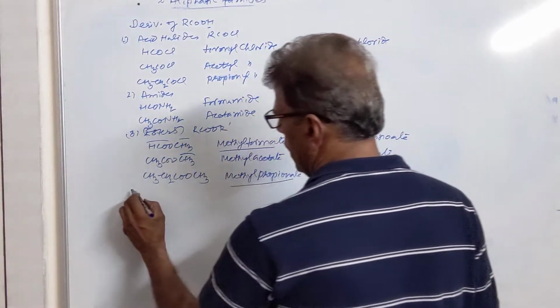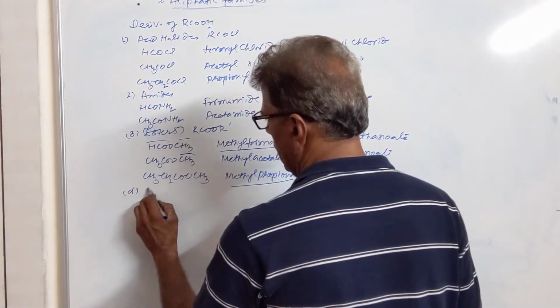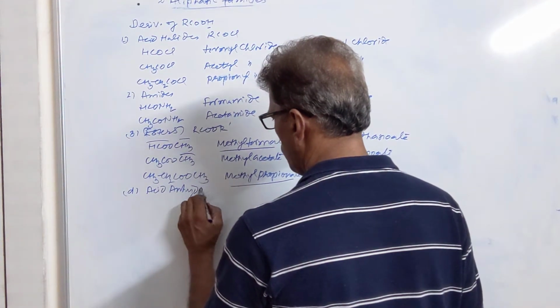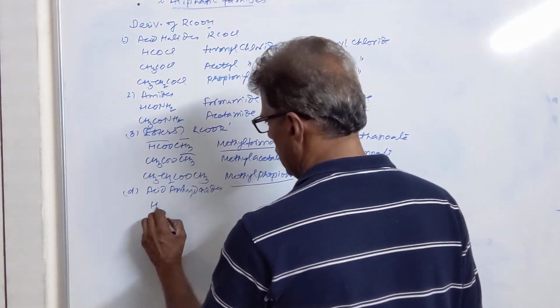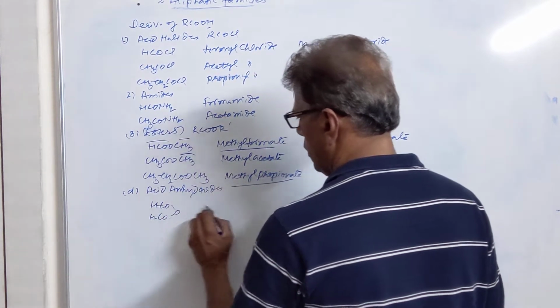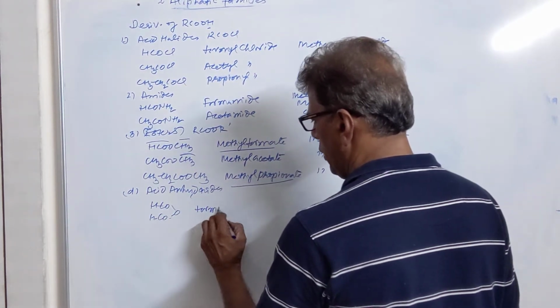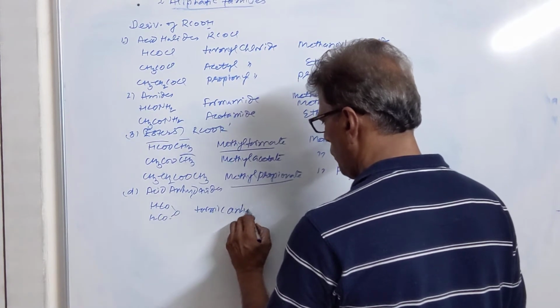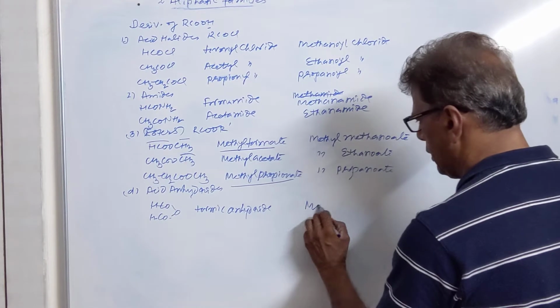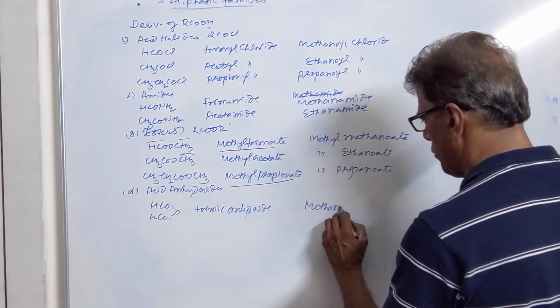Then we have fourth class of derivative, that is acid anhydrides. First is formic acid anhydride. This is formic anhydride. IUPAC name from methanoic acid, it is methanoic anhydride.